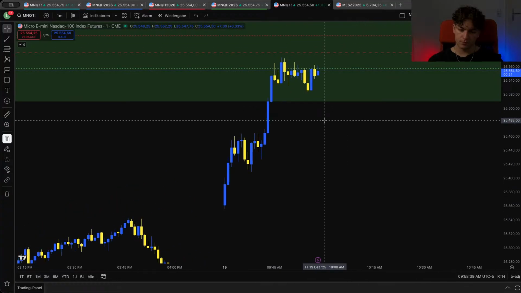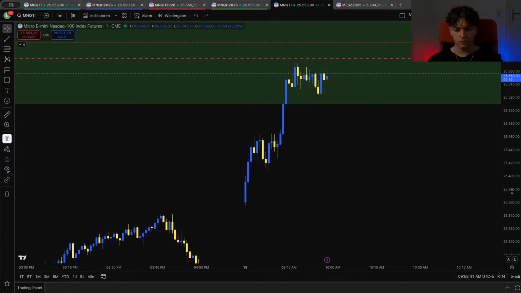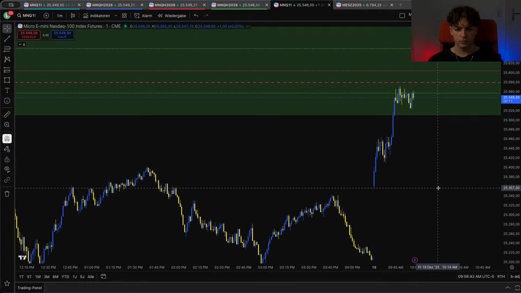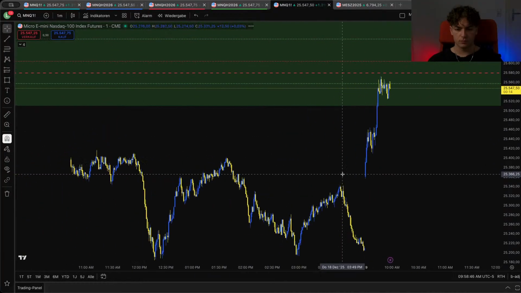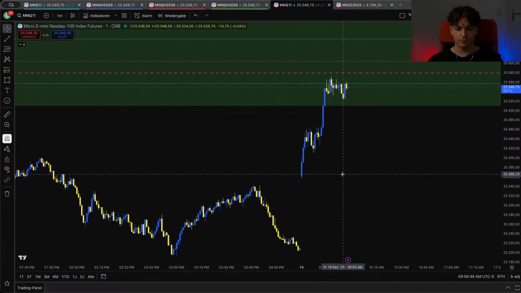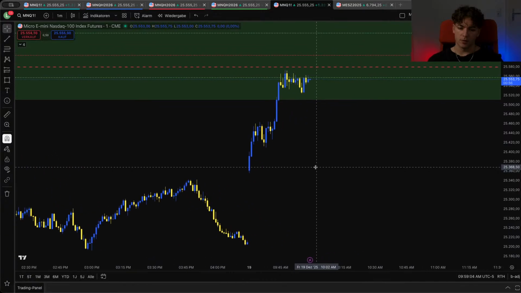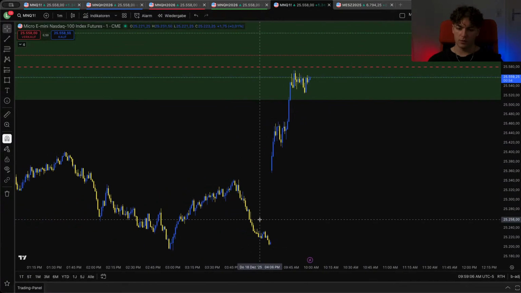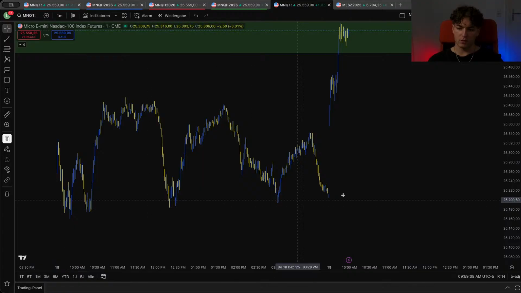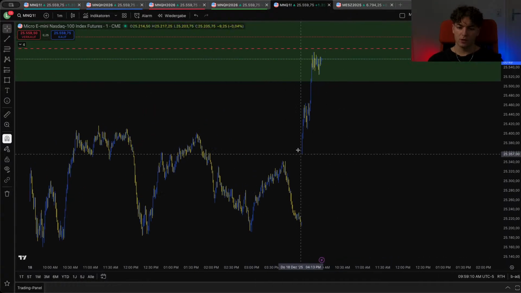Let's see. So I actually can see an intraday market maker sell model because these lows are just too obvious.